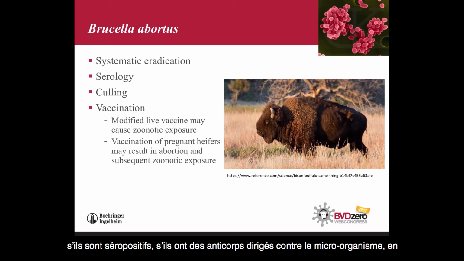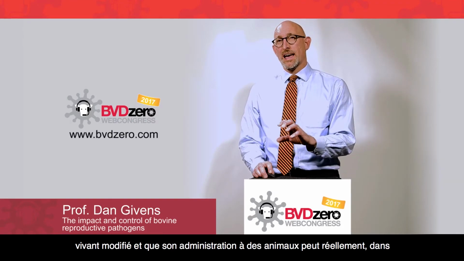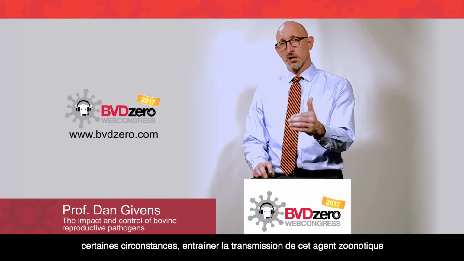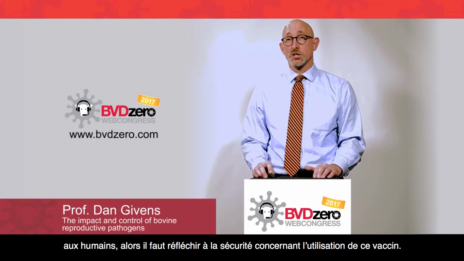A modified live bacterial vaccine administered to animals can, under certain unique circumstances, result in transmission of that zoonotic agent to people. So there has to be some consideration for safety surrounding the use of that vaccine. Vaccination of pregnant heifers can cause problems. So again, that has to be carefully monitored in the eradication program that we're concerned about.